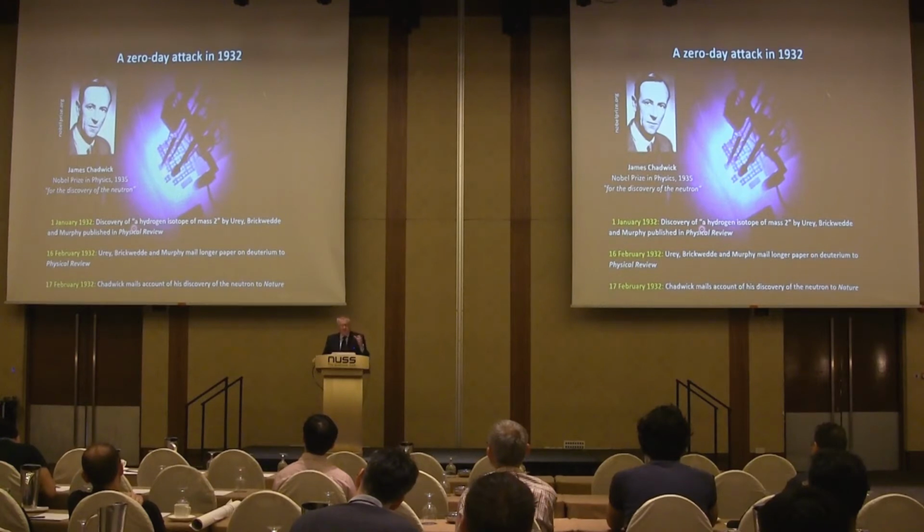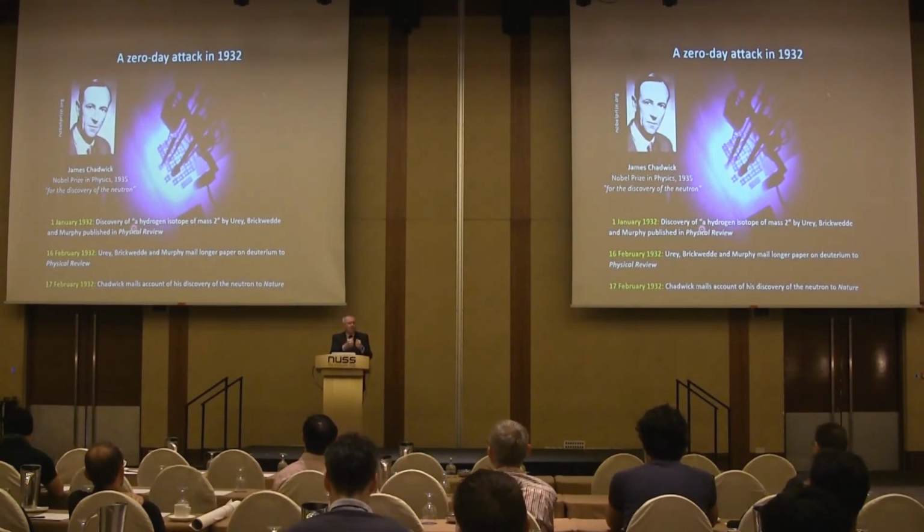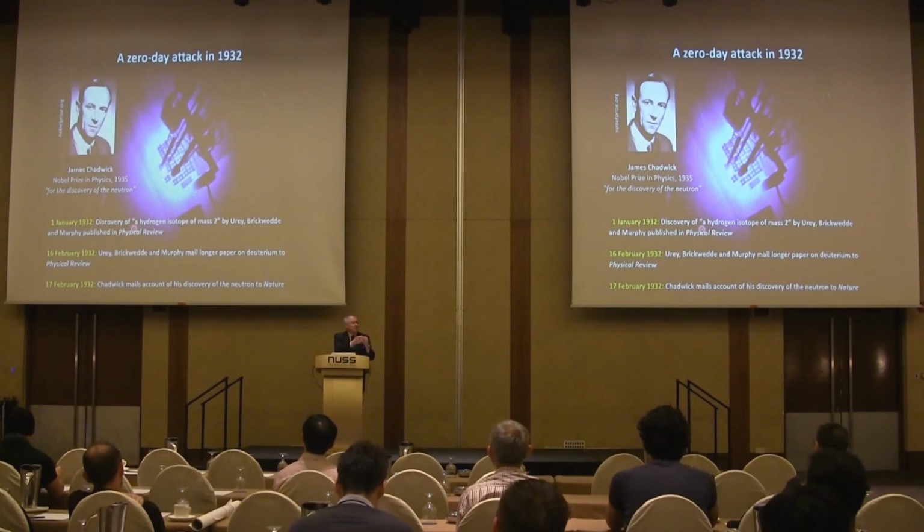The idea was that for a given element, the nucleus might consist of different numbers of protons, but then there would be some very tightly bound electrons inside the nucleus, where each such electron would neutralize a proton.